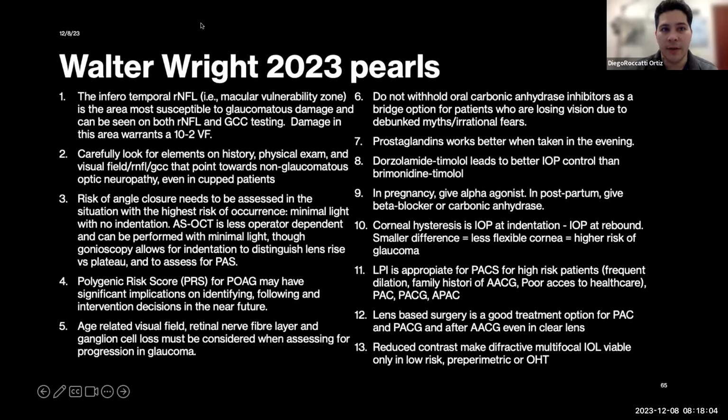I don't know if any other doctor or any other office after this new evidence has surfaced has changed their practice patterns.